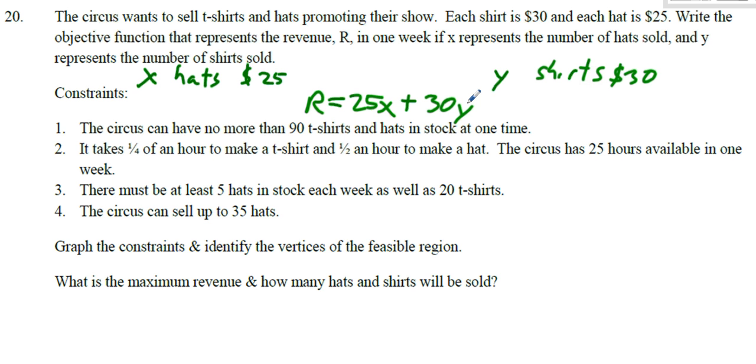So can have no more than 90 t-shirts and hats in stock at one time. So that means hats plus t-shirts, X plus Y. No more than 90, so less than or equal to 90.